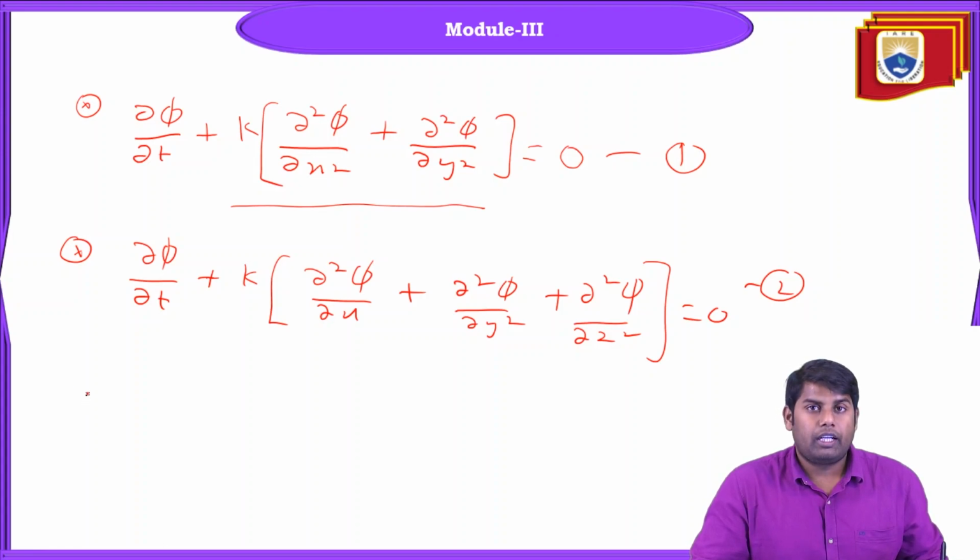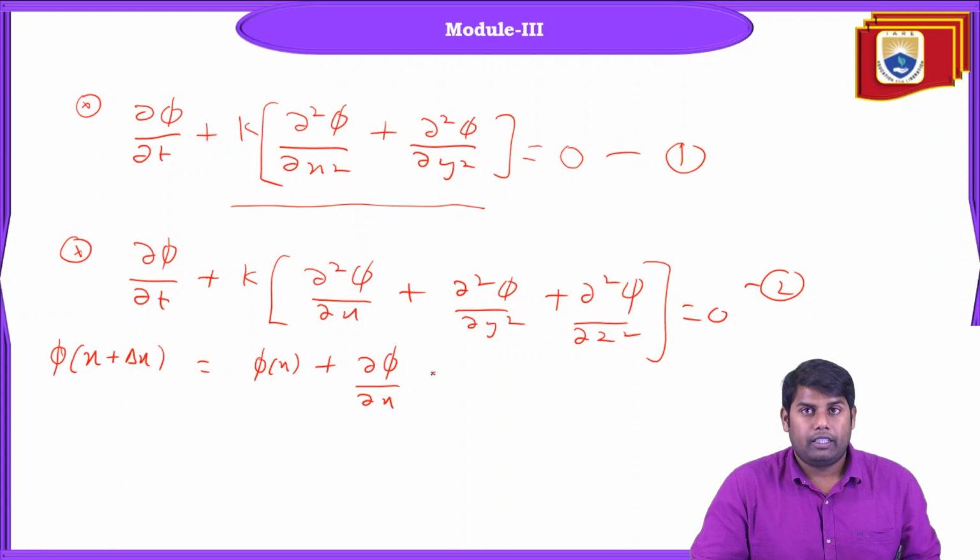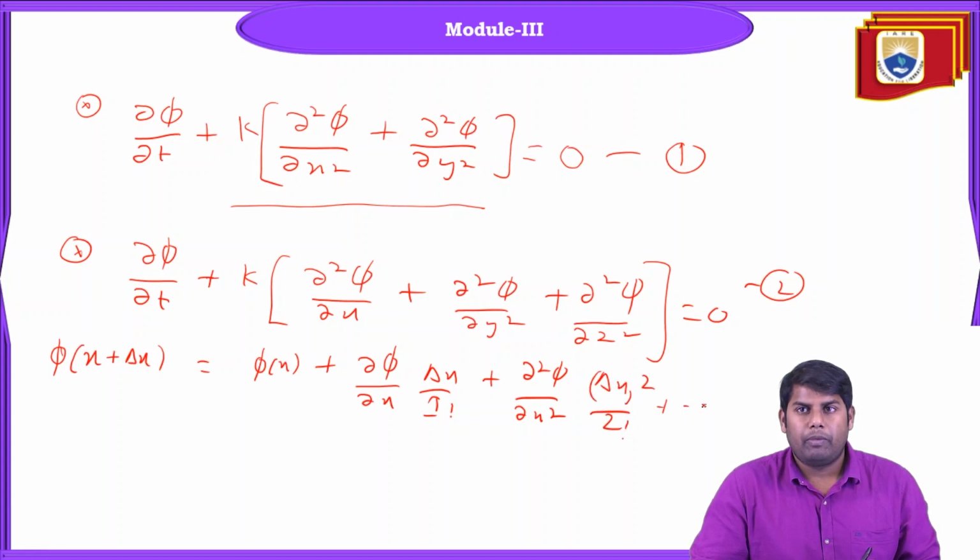Before that, let's recall how we perform the discretization. We know the Taylor series expansion: φ of x plus delta x is equal to φ of x plus ∂φ/∂x into delta x by 1 factorial plus ∂²φ/∂x² into delta x squared divided by 2 factorial, and so on.